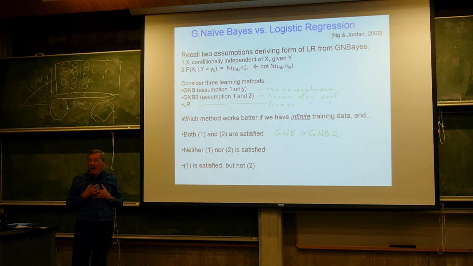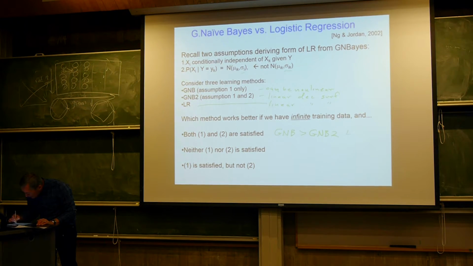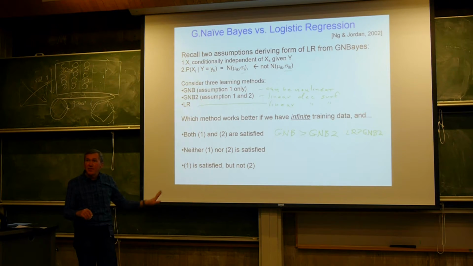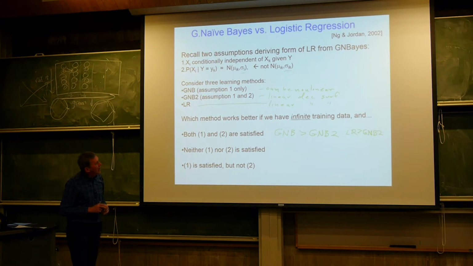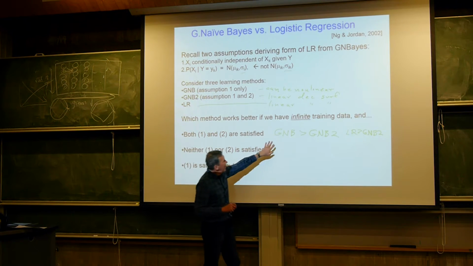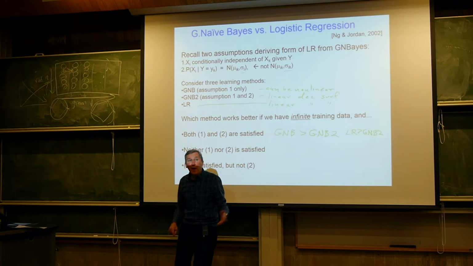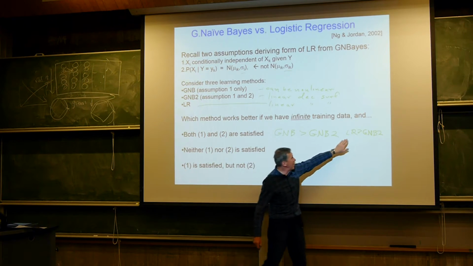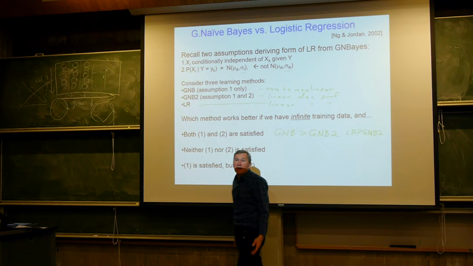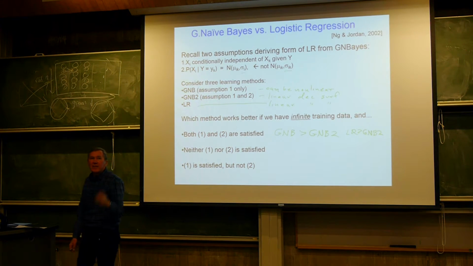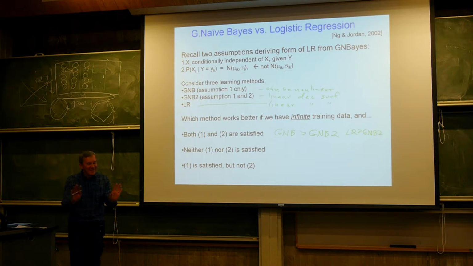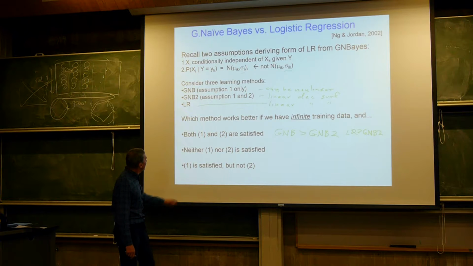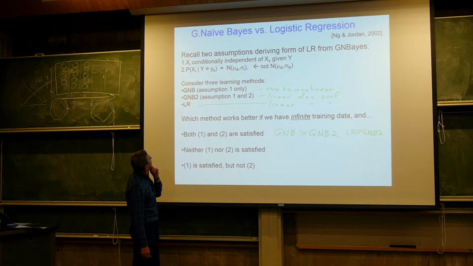And I guess we could say that logistic regression would dominate GNB2, for example, in the case we were just drawing on the previous slide. But we can't say that logistic regression would dominate Gaussian naive Bayes, because we might need a linear surface that doesn't obey the conditional independence assumption that the Gaussians are axis-aligned ellipsoids. Okay, what if neither assumption is satisfied?